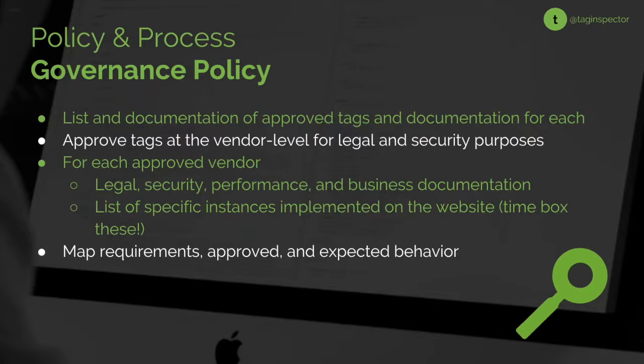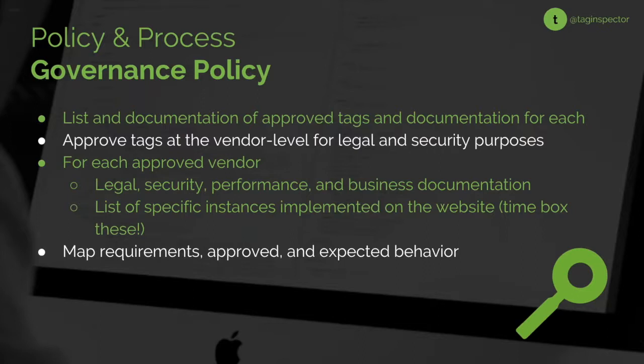So we approve tags at that high level, organizational level, vendor level, and then for each of the approved vendors, we need to have the documentation: legal, security, performance, and business documentation. We reviewed some of that. We need to have that for each of the approved platforms. And then we also need that list and the specifics and the documentation for the specific instances that are implemented on the website.